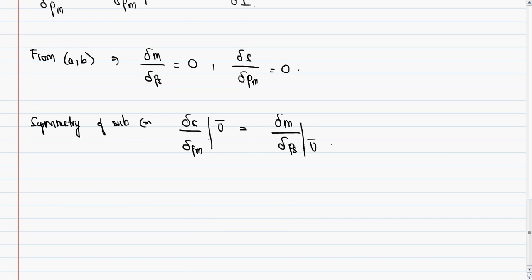So the substitution effects are equal to each other, and therefore the income effects will be equal to each other as well. Therefore, negative M times the change in S on the change in I will be equal to negative S times the change in M on the change in I.